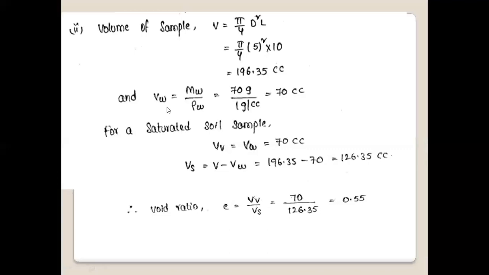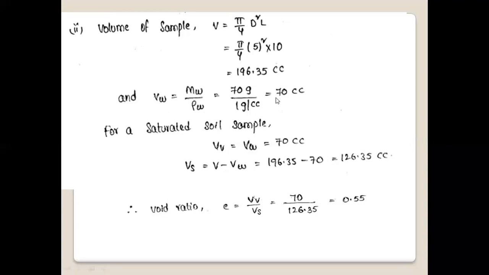And volume of water equals Mw by rho w. Mw means mass of water and rho w is the density of water. The mass of water is 70 grams and rho w is 1 gram per cubic centimeter.